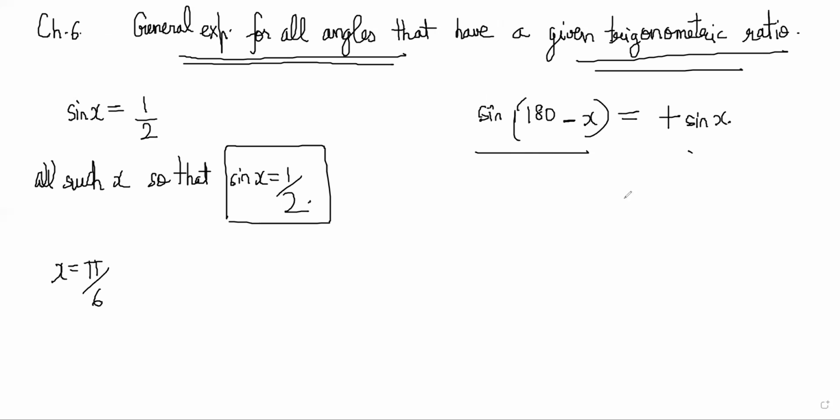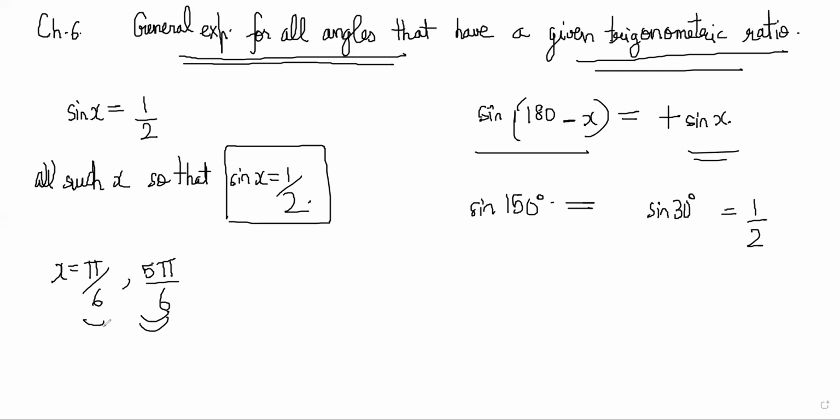So if I have sine of 30 degrees, that should be same as sine of 150 degrees, right? Yes, sir. So that means that the equation can be satisfied by x is equal to 150 degrees also, no? Similarly, if I add 2 pi to pi by 6, so 13 pi by 6, suppose.